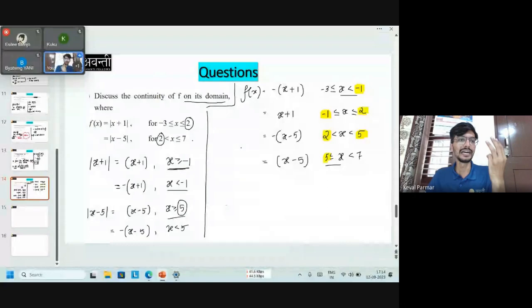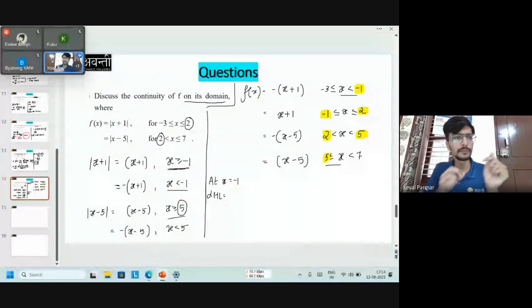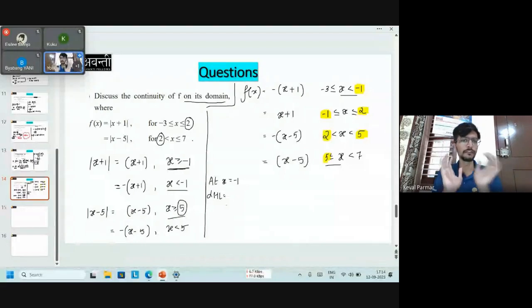Let's proceed. Now there are 3 points. Now I hope you got the gist of what to do. So I'll be doing something directly. So we'll directly do at x equals minus 1. LHL. At x equals minus 1. Left hand limit means x is less than minus 1. Any of the forms will not be an indeterminate form.